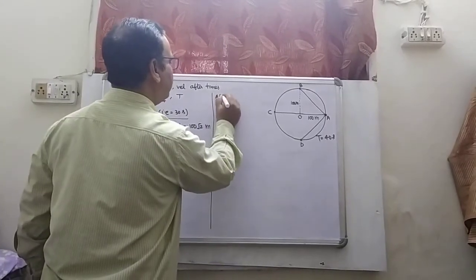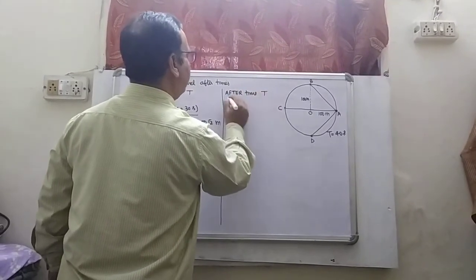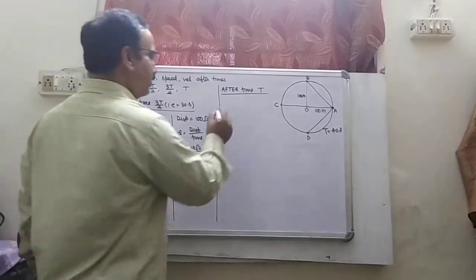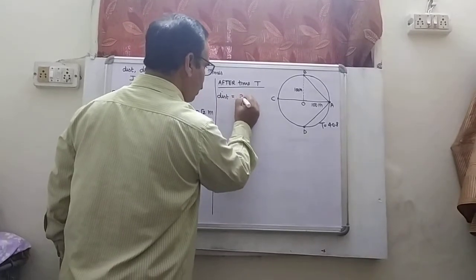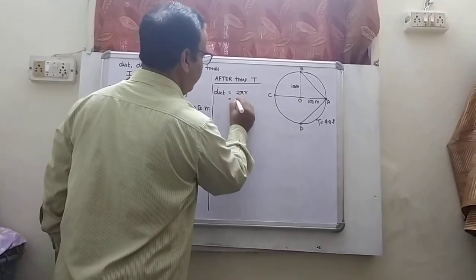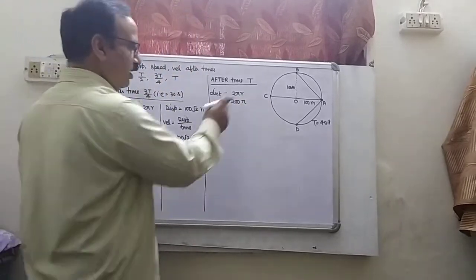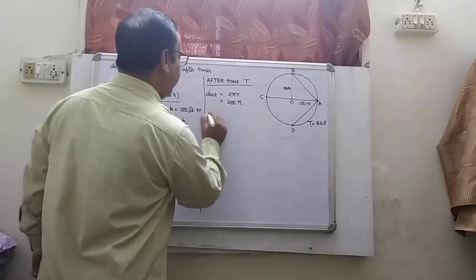After time t, the complete revolution. In such scenario, distance covered will be 2 pi r, means 200 pi, if we put r equal to 100.